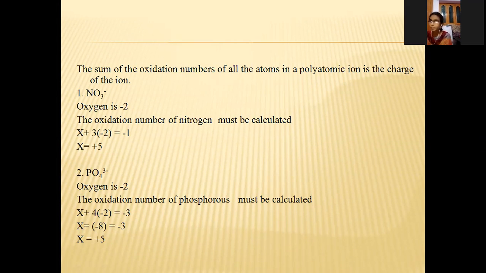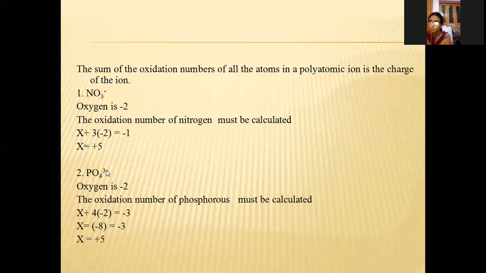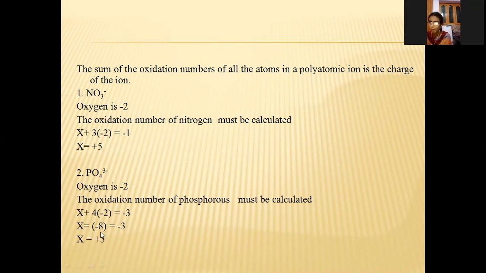I will explain again. This is the phosphate ion. The oxidation number of oxygen is -2, and we have to calculate the oxidation number of phosphorus. Assume phosphorus is X, plus 4 oxygen atoms, each with oxidation number -2, equals -3. So 4 times 2 is 8, minus 8 equals -3.